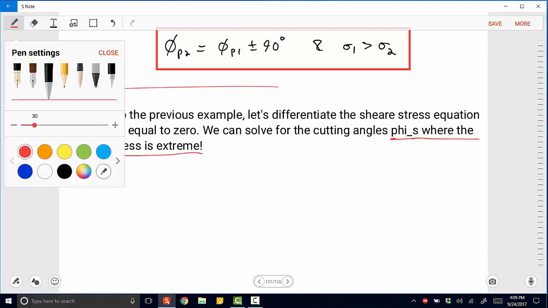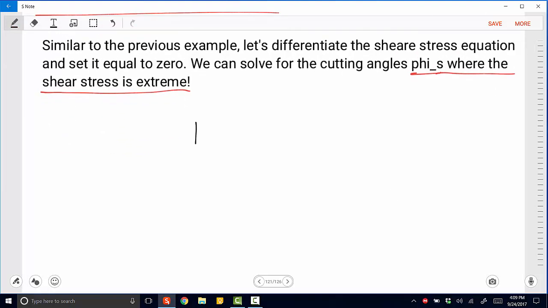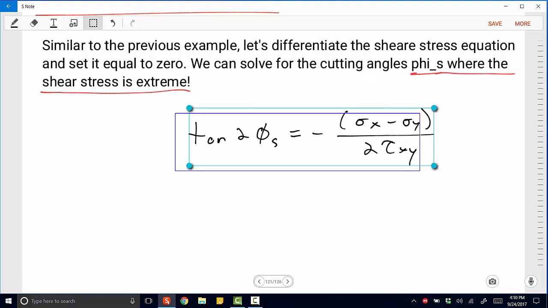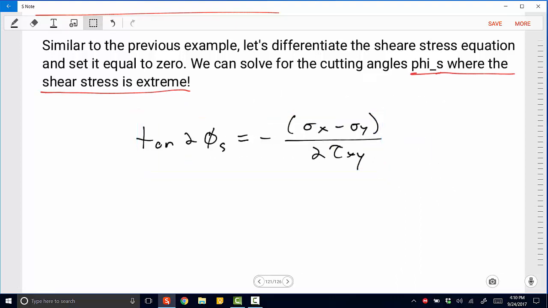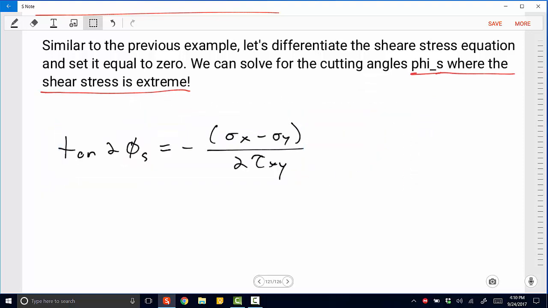So when we do that, we'll find the equation tan 2 phi s is equal to negative sigma x minus sigma y divided by 2 tau xy, where if we take the values of stress we know and plug them into this equation, we can find the angle phi s.